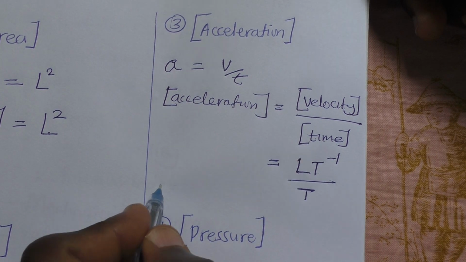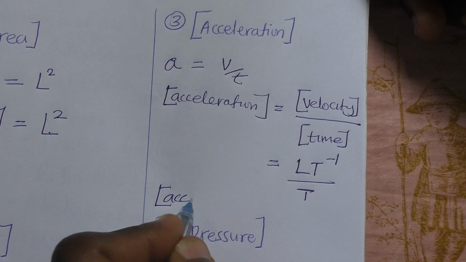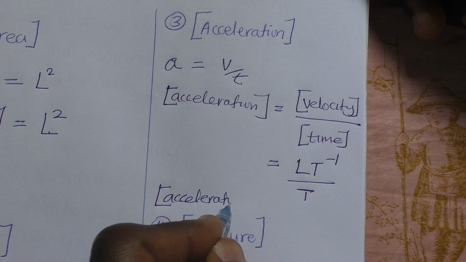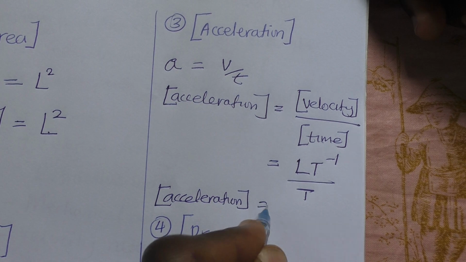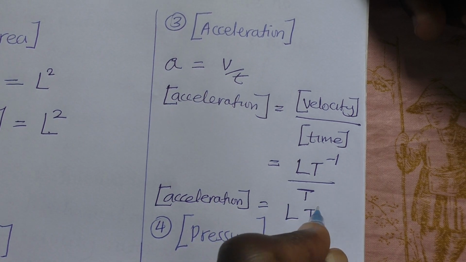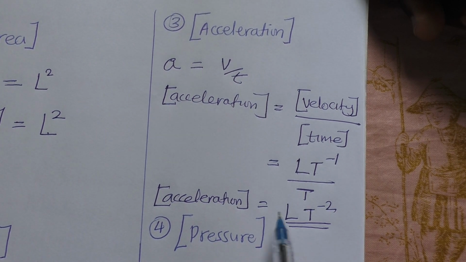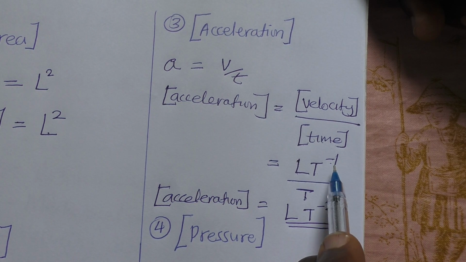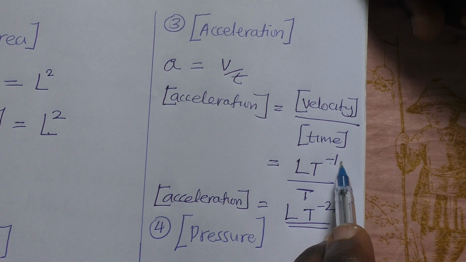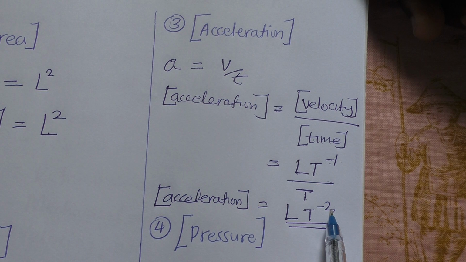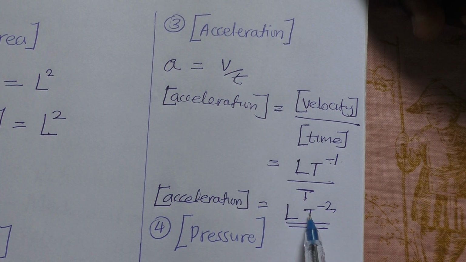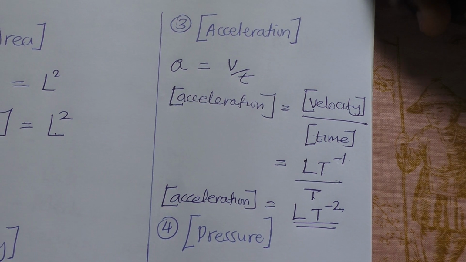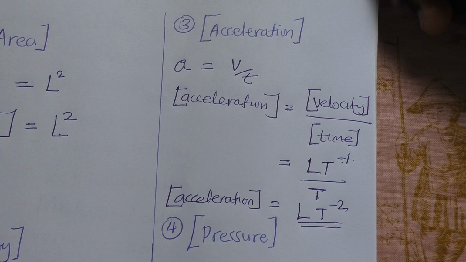So, which gives us a conclusion that the dimensions of acceleration equal length per time squared. Because when you take this one up, it becomes -1 minus 1, which gives us length per time squared. So that is the dimensions of acceleration.